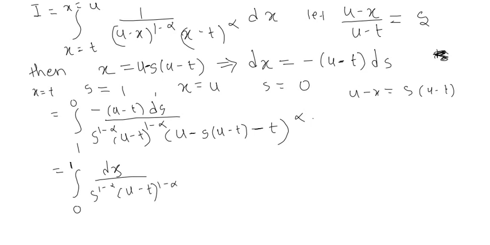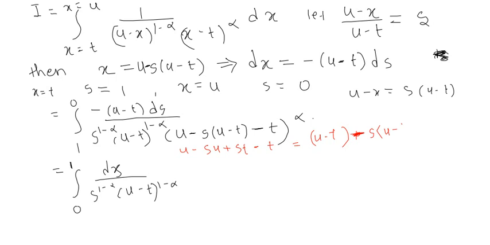And what will this become? After simplifying, it will be u minus s into u plus s into t minus t. Okay, but this I can write as u minus t, minus s into (u minus t).